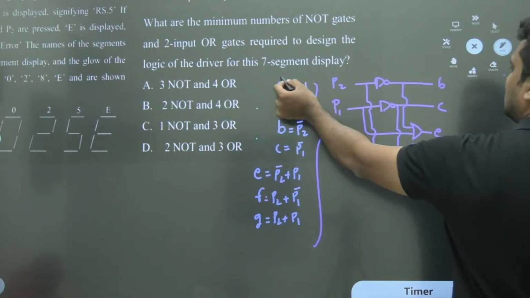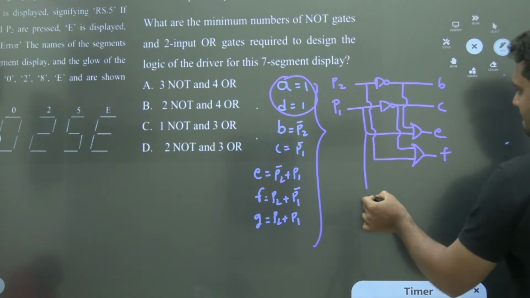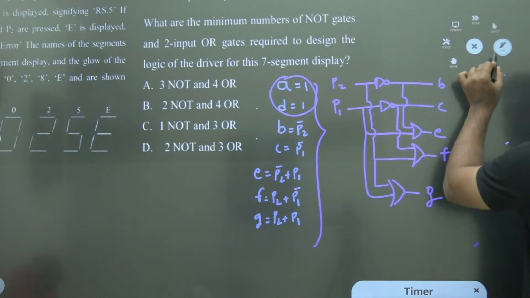Anyway, A, D ones. Then P2 plus P1. It will give you G.